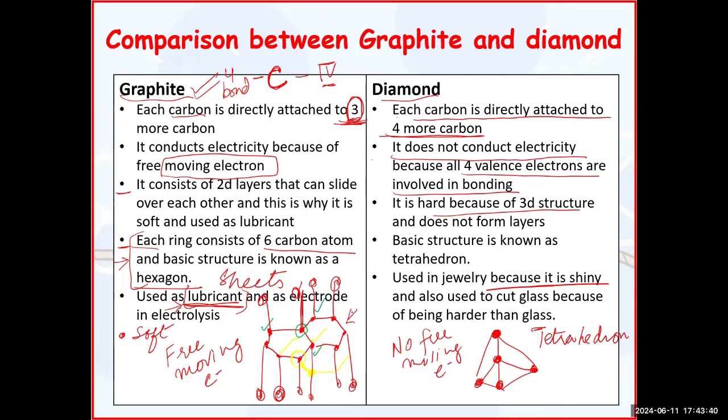This is called hexagon. This is called tetrahedron or tetrahedral structure. So this is tetrahedral structure, and graphite's basic unit is called hexagon.